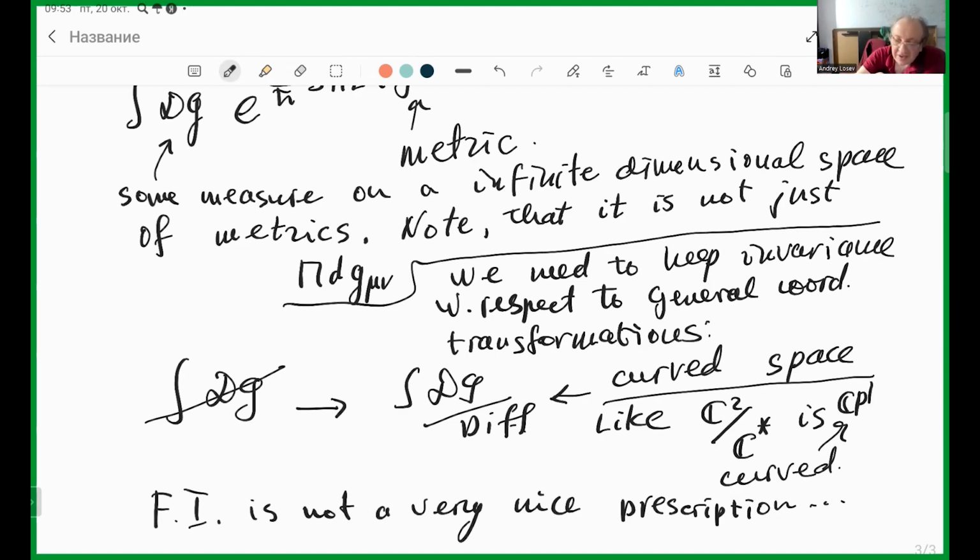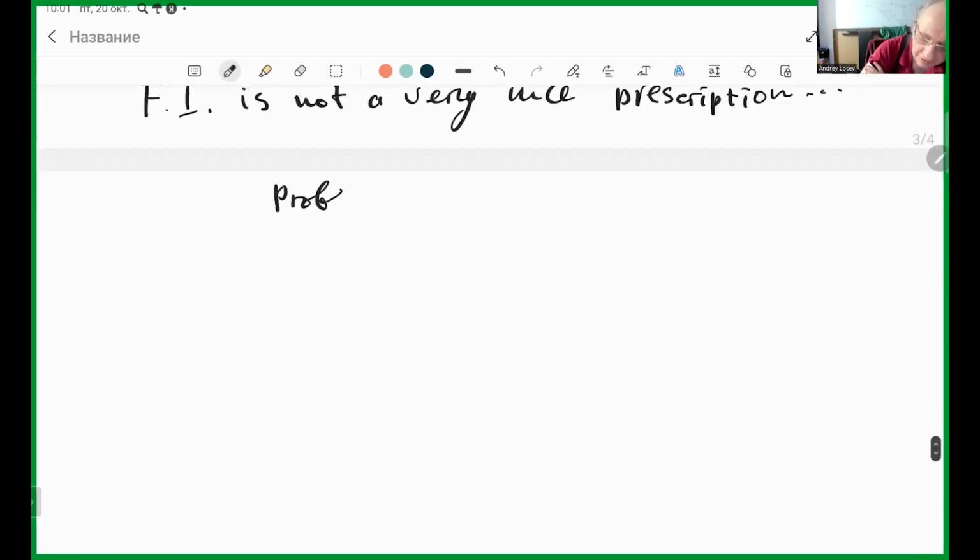So this was in the section of pros of the Feynman integral, okay? And after the break, I'll come to contrast. Let me continue. So, problems. I'm coming to my section 2.